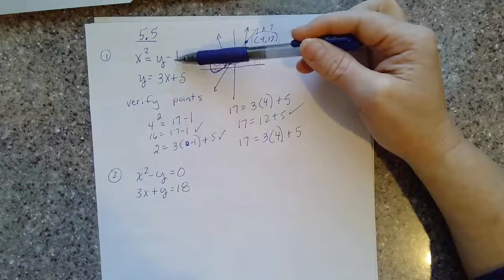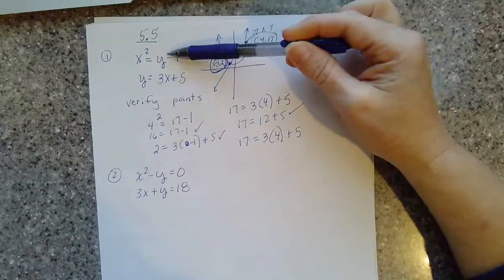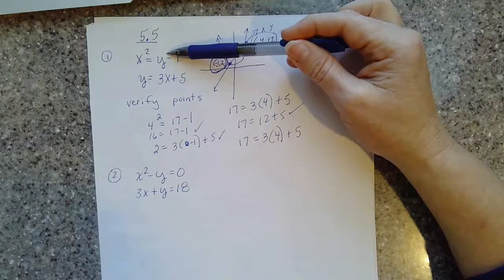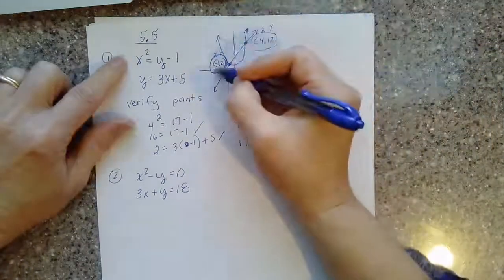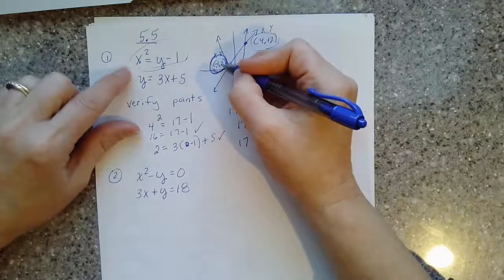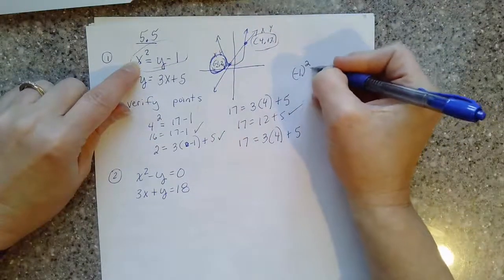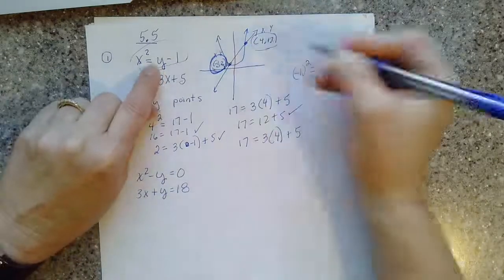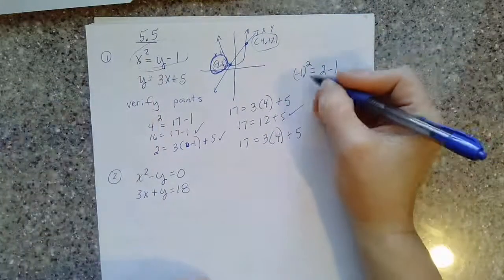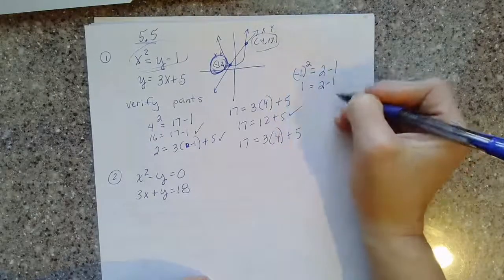Oh, here's what I haven't done. I have -1 in the first equation. So x is -1. So -1 squared equals y minus 1, which would be 2 minus 1. So -1 squared is +1 equals 2 minus 1. It sure does. Okay, sorry about that. Took me a minute to get that straight.